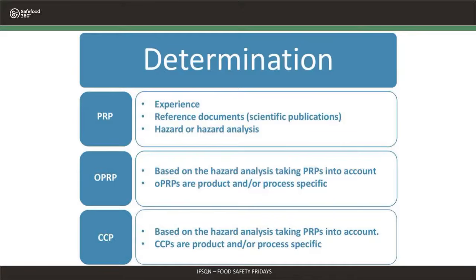Then an OPRP is based on the hazard analysis, taking into account your PRPs, and OPRPs are product or process specific. And it's the same for a CCP. They are based on the hazard analysis and they are product or process specific.